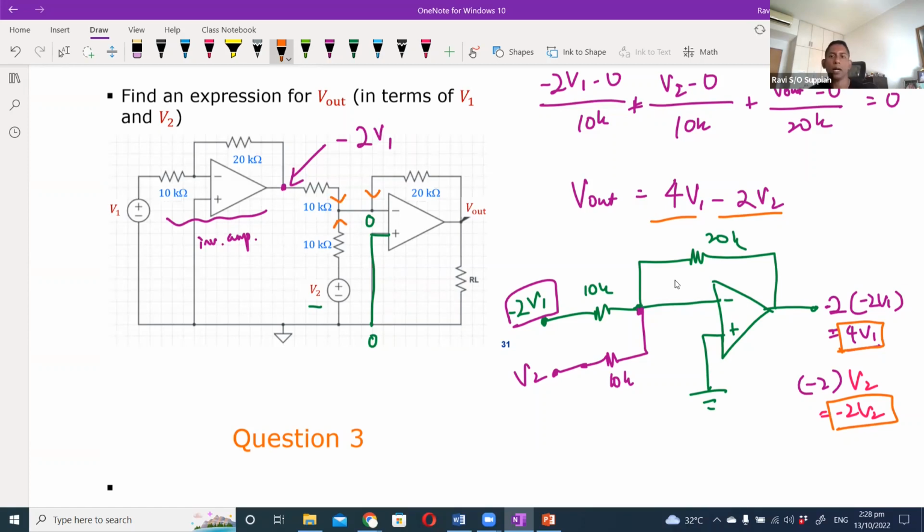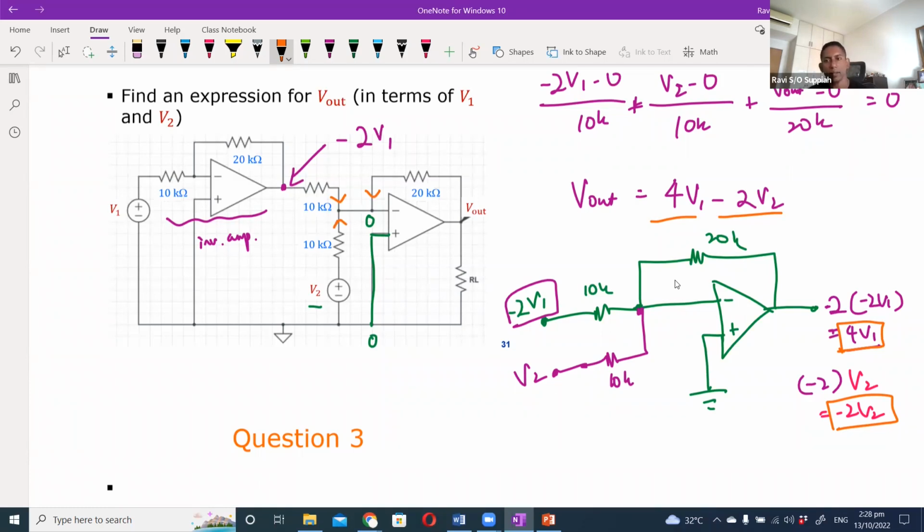That means you can have multiple inputs connected together, and the output will be a summation of each input multiplied by the gain. But again, like I said, this is not covered in the syllabus, so we can still solve it as before using our node analysis. We still define the nodes, come up with the expression, and we still get the same answer.